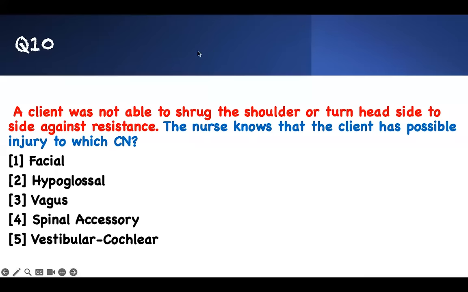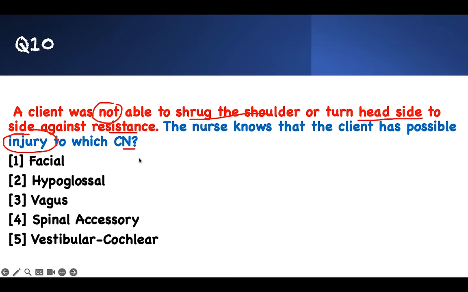Number 10, we're almost done. The nurse knows that the client has a possible injury. Now we're looking for injury to which nerve? The client was not able to shrug the shoulder. You can shrug the shoulder or turn your head side to side against resistance. So I put my hand on your cheek and ask you to move it with your head. Or I put my hand on your shoulder and ask you to shrug your shoulder against my resistance.